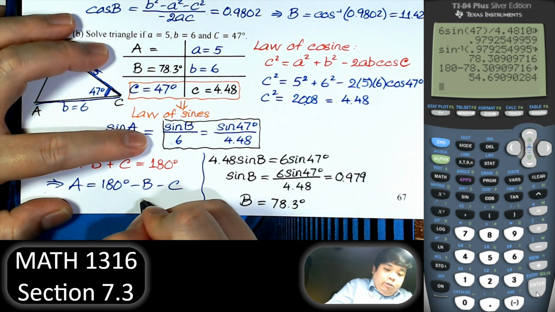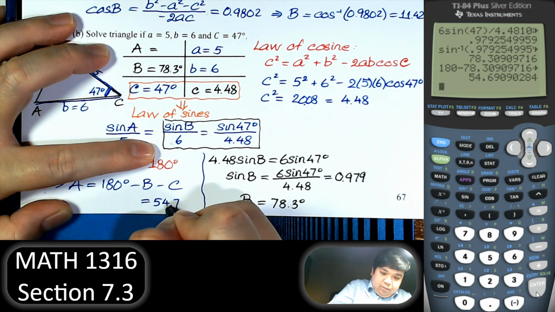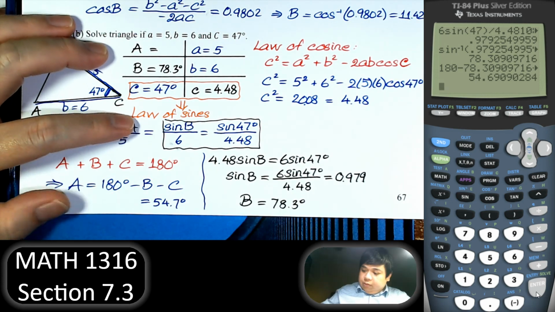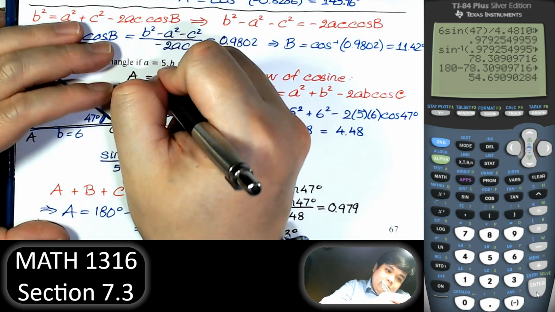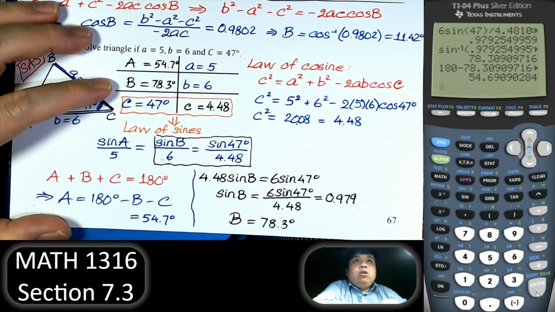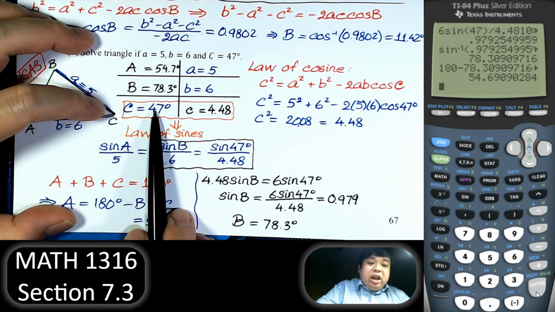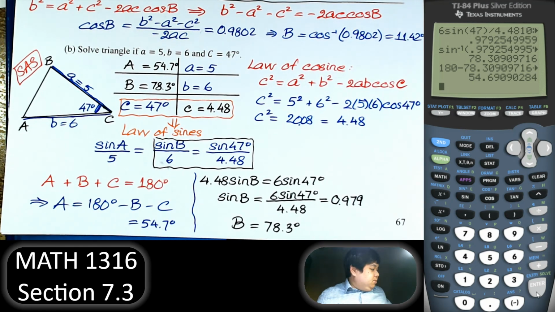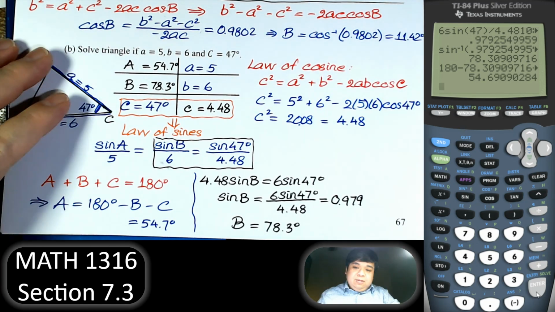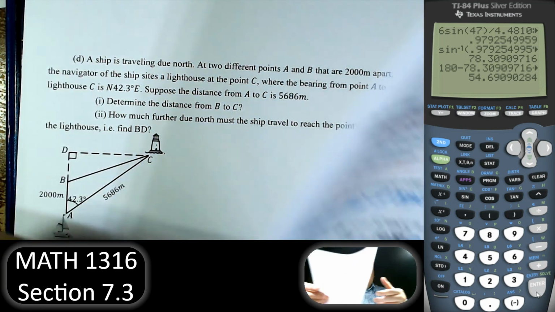And I have 54.69, so 54.7. So biggest angle, longest side, smallest angle, shortest side. That's good. Right, so that's all we do.